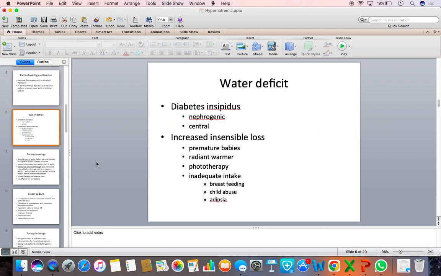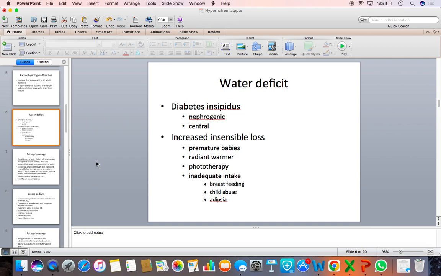What are the conditions with pure water loss? Patients with diabetes insipidus, which could be nephrogenic or central. Patients with increased insensible loss of water.